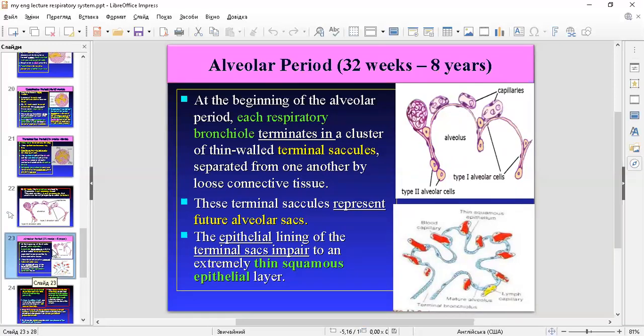Alveolar period. At the beginning of the alveolar period, each respiratory bronchiole terminates in a cluster of thin-walled terminal saccules, separated from one another by loose connective tissue.